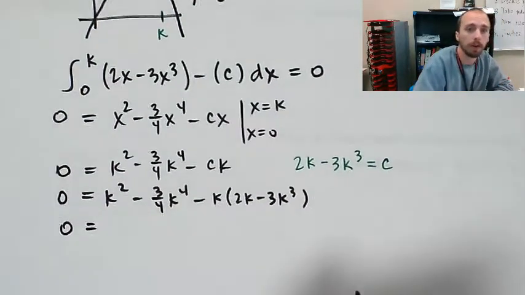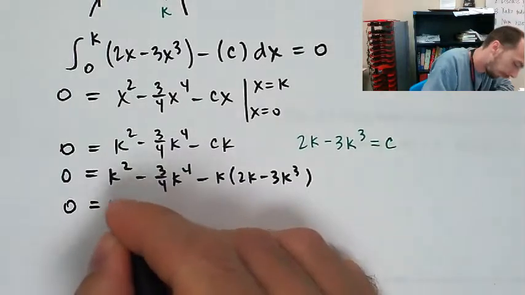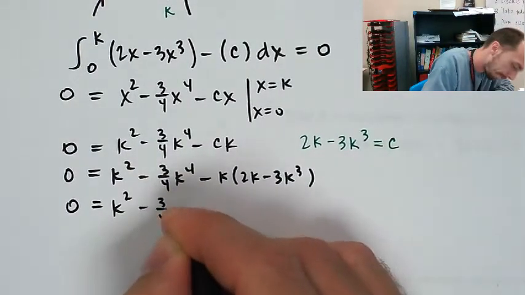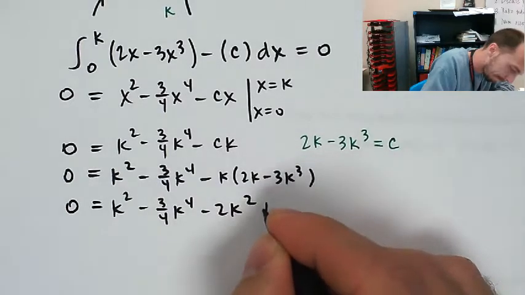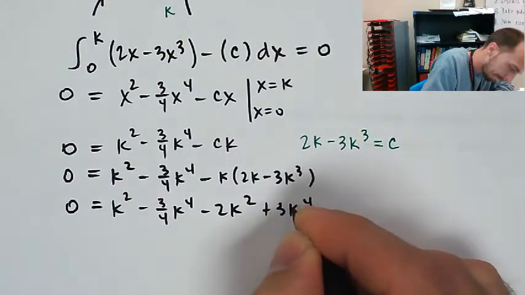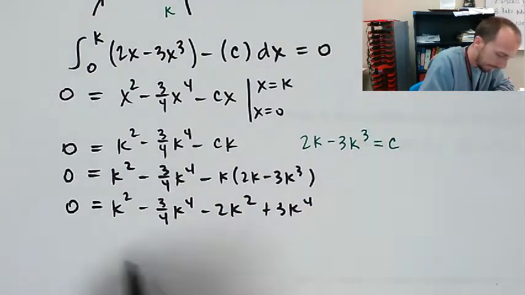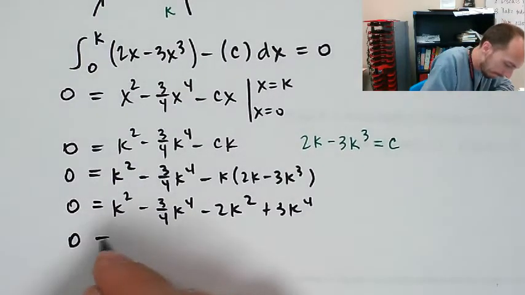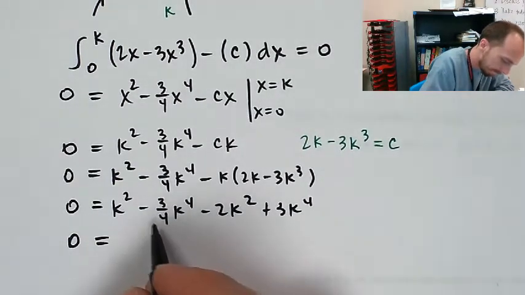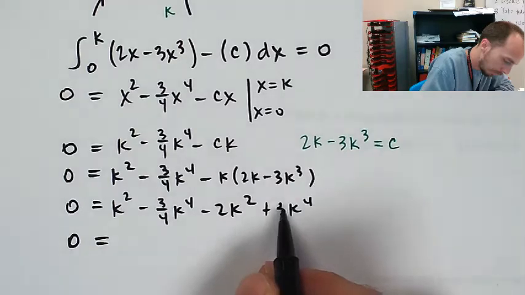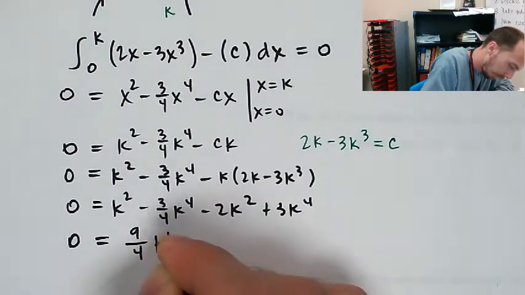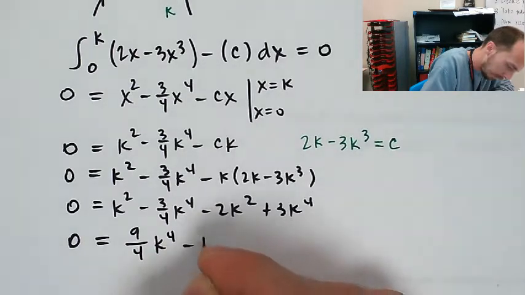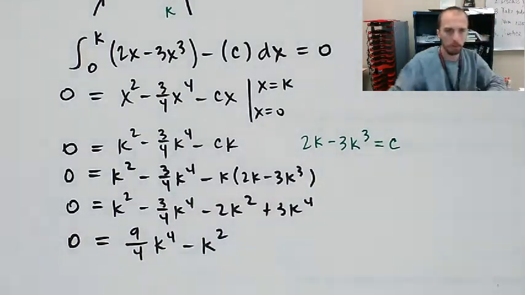And now we're kind of off to the algebra races. 12/4 minus 3/4 is 9/4. k to the 4 minus k to the 2.